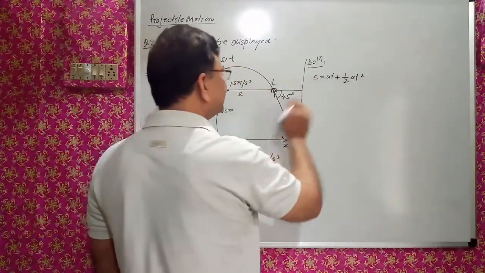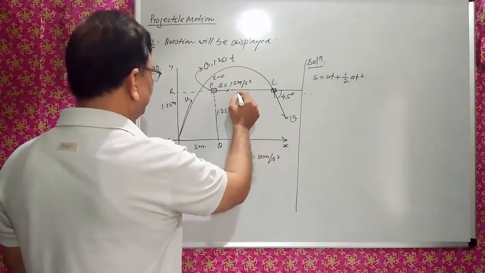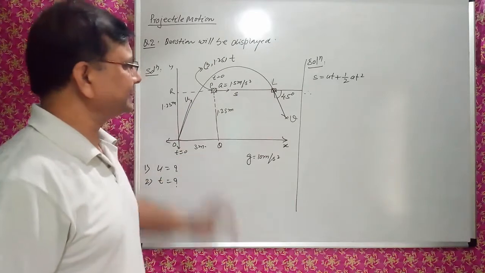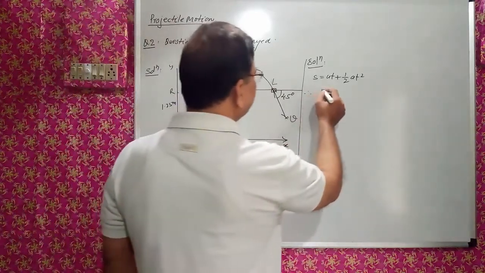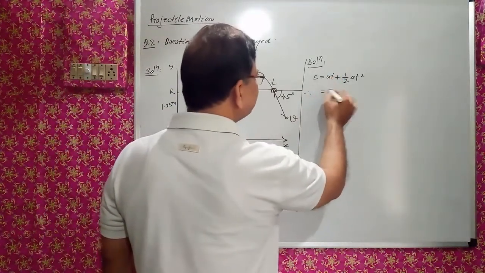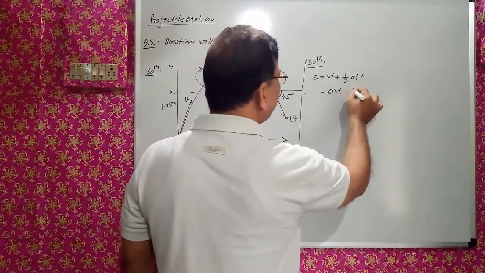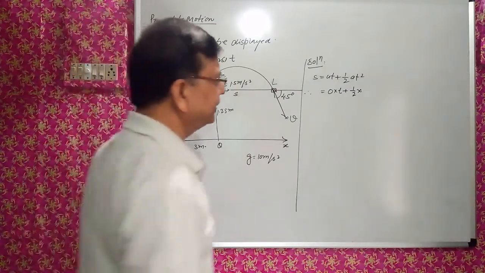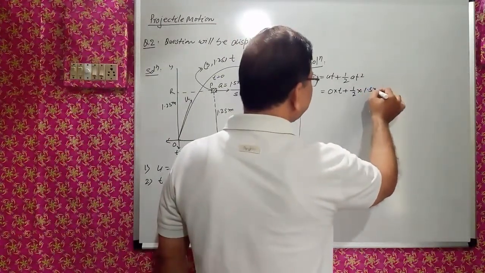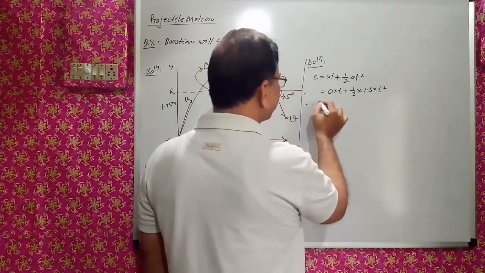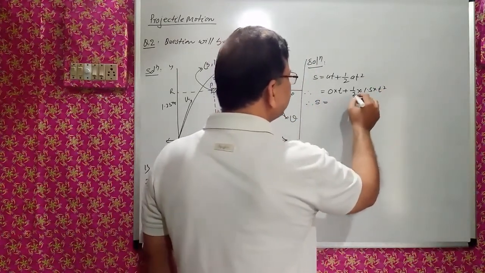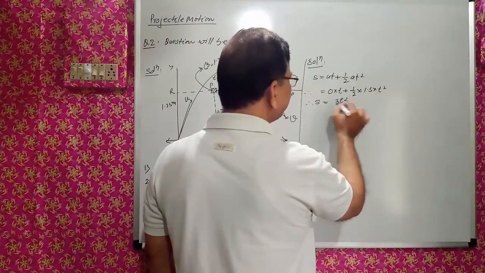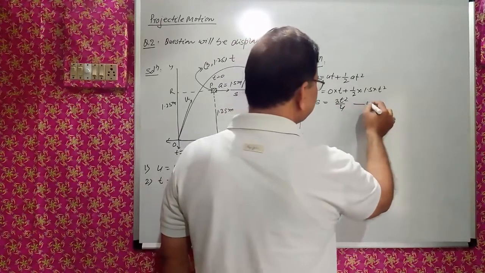I have taken L, so continue with S. This distance traveled, PL, is S. S is equal to initial velocity 0 into t plus half acceleration 1.5 meters per second square, so we write 1.5 into t square. Therefore, S is equal to 3 by 2 into t square by 2, that is 3t square by 4. So this is the first equation I will write.